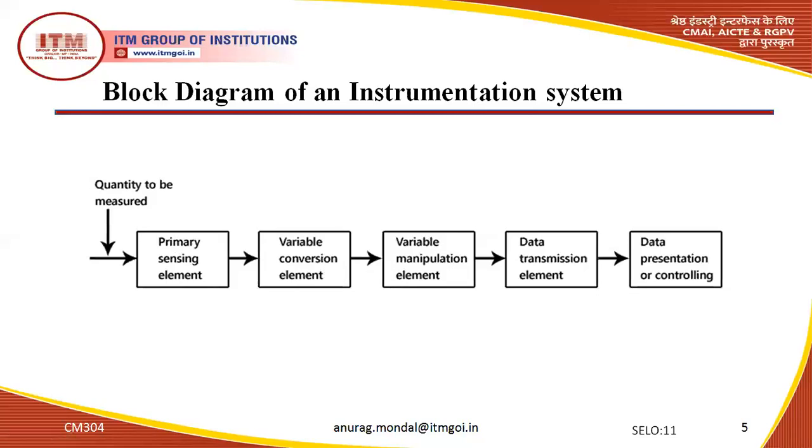That is why the variable manipulation unit is there. Then, after getting that range, we transmit it with the help of the data transmission element. And after transmission, we apply the controlling operation over that data with the help of the data presentation and controlling unit. That is all about the block diagram of an instrumentation system.